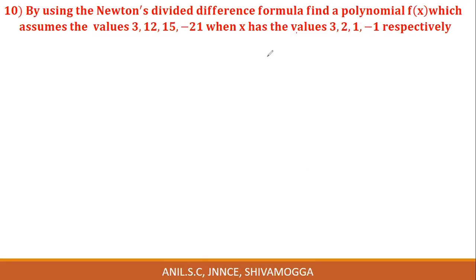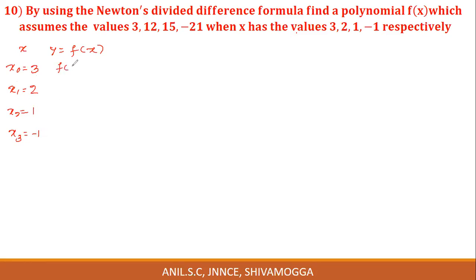Let's tabulate the values. x, y is equal to f of x. Here x naught is equal to 3, x1 is equal to 2, x2 is equal to 1, and x3 is equal to minus 1.